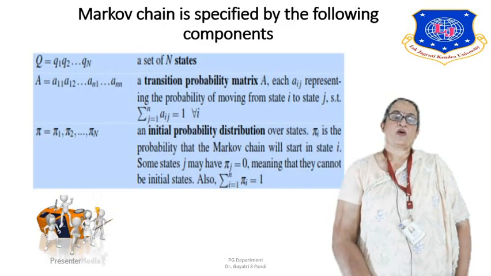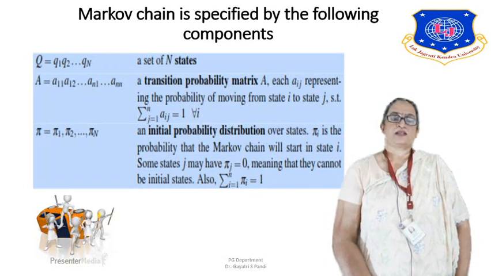So let us see the components which belong to a Markov chain. You basically have a set of n states that is defined as Q equal to Q1, Q2, and so on up to Qn. So there are going to be n states. Then there is a transition probability matrix that is defined as A equal to A11, A12, and so on up to Amn.